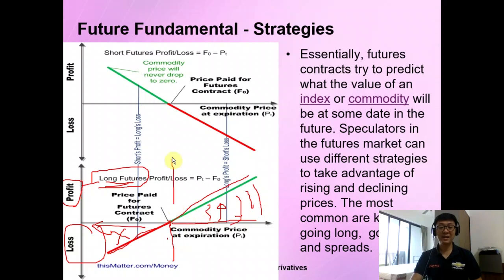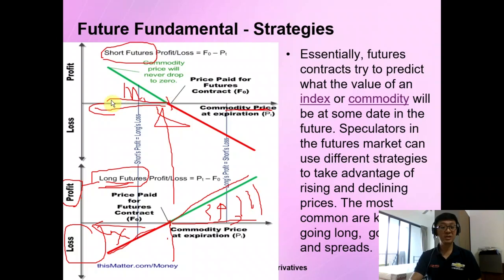On the other hand, whoever shorts hopes that the market will go down. You can look at this: they only get a payoff when the market price is decreasing. This is the commodity price.